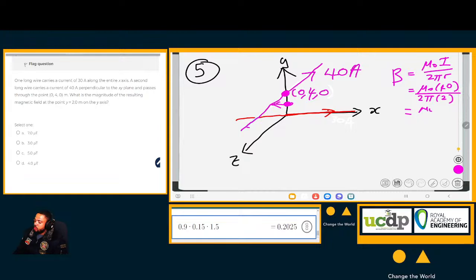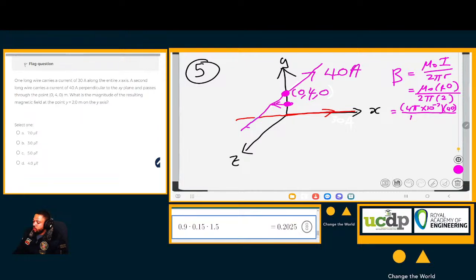So it's mu naught times 40. Let me just rewrite this, I want to do the math quickly. It's 4 pi times 10 to the negative 7 times 40, over 2 pi times 2.